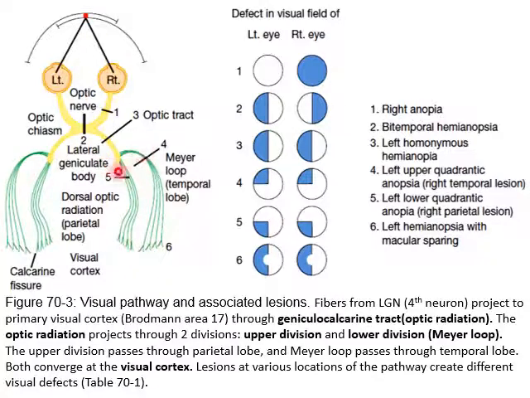When you damage the right upper division, the upper division of the optic radiation sees what is present in the lower parts of the visual field. So when you have damage in the right upper division, you will get left lower quadrantic anopsia.